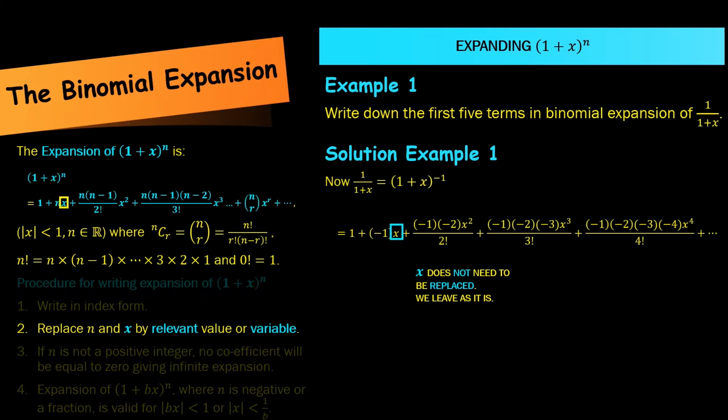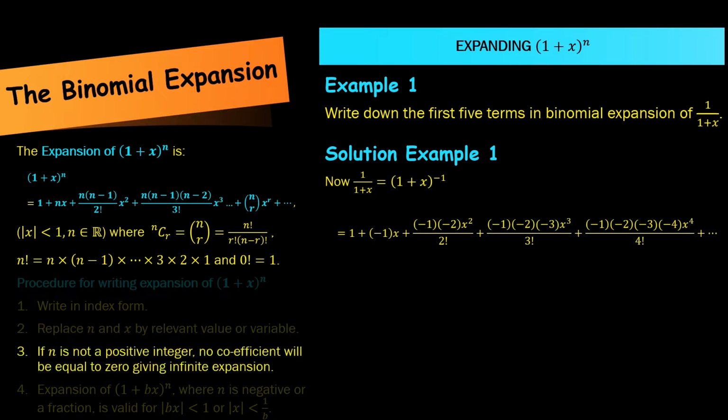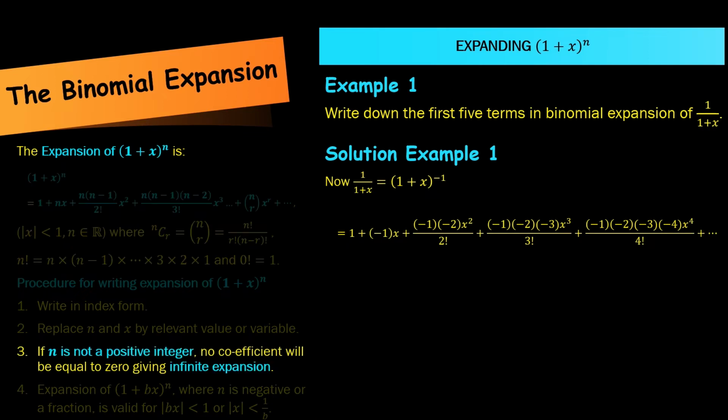So we're going to leave x as it is. Now, if n is not a positive integer, no coefficient will be equal to 0, thus giving an infinite expansion. And this is why we have the plus ... at the end, because n is equal to minus 1, which is clearly not a positive integer.